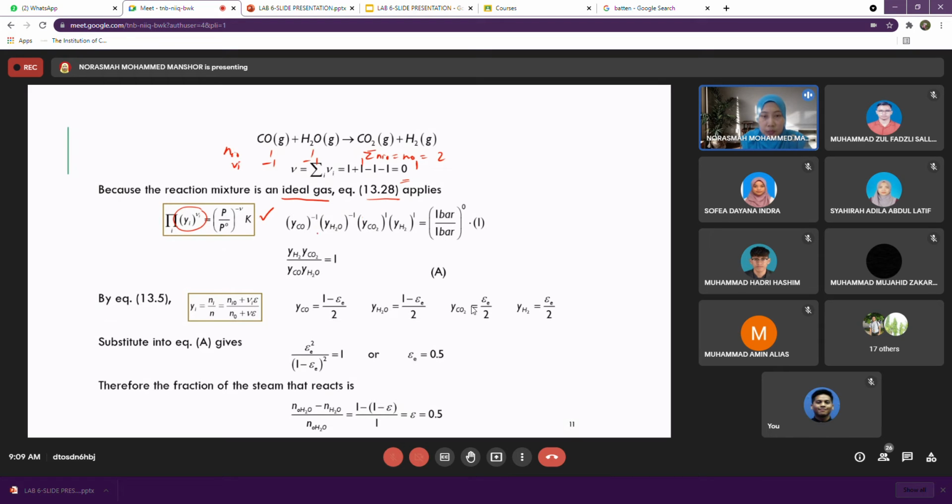Each yi is raised to its stoichiometric number, and you multiply all of them. Then P is given as 1 bar, P0 is the standard state pressure, also 1 bar. This is constant. K from the figure earlier is 1.